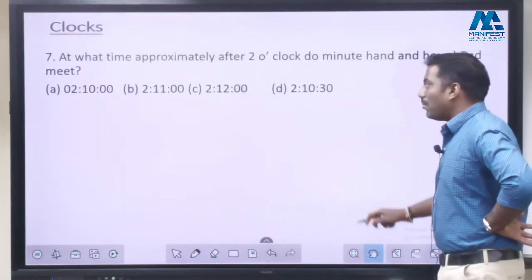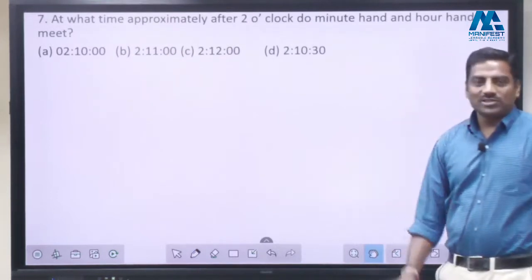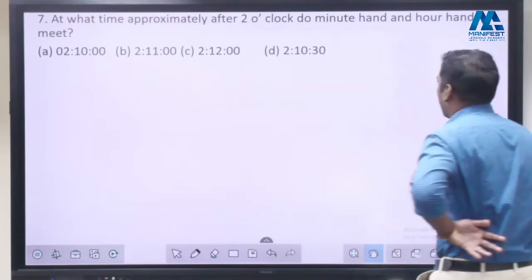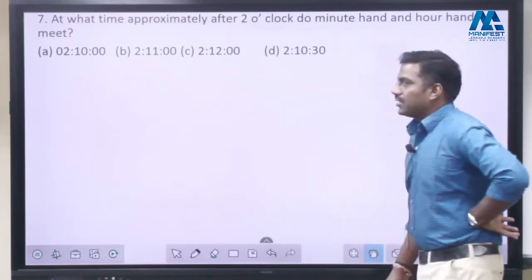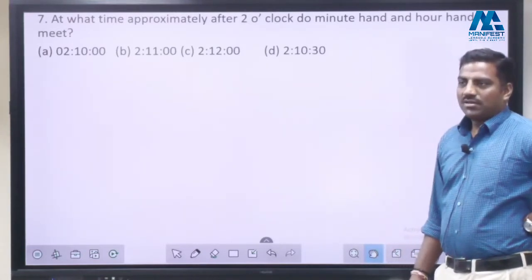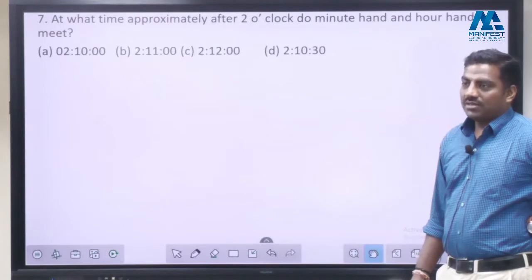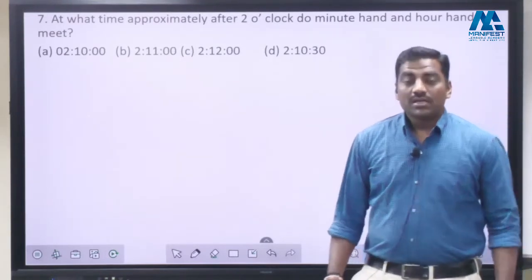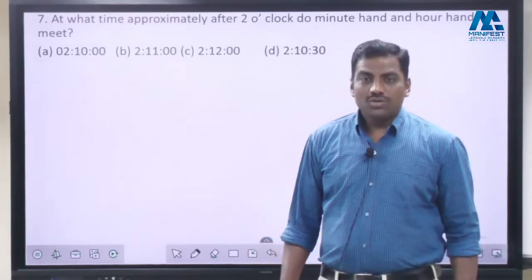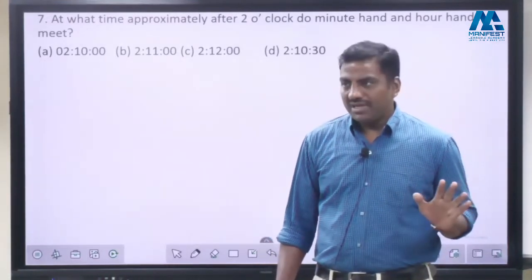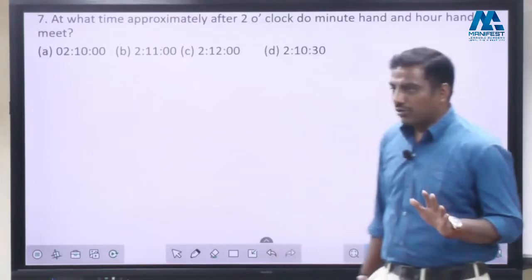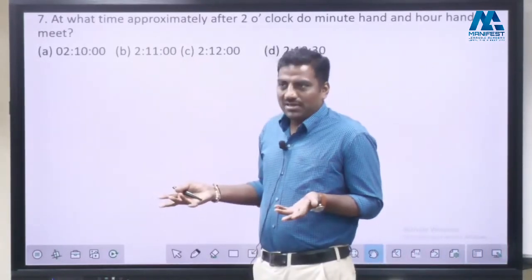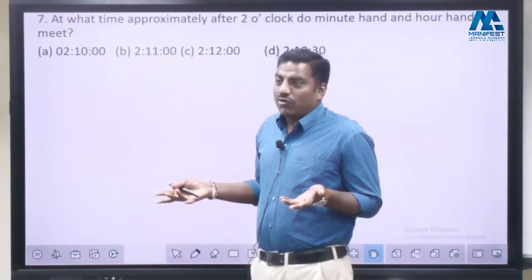Now this problem has become a jujube problem for us. At what time approximately after 2 o'clock do minute hand and hour hand meet? What calculation? You tell me the expression to calculate. 60 by 11 into 2, simple, 120 by 11. So your answer will be close to 11. 120 by 11. 121 by 11 would have been 11.